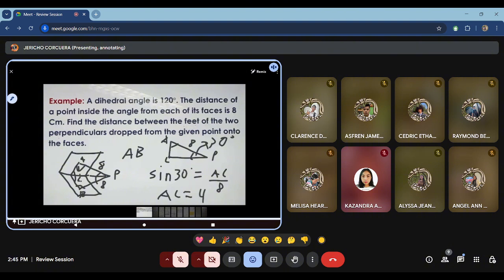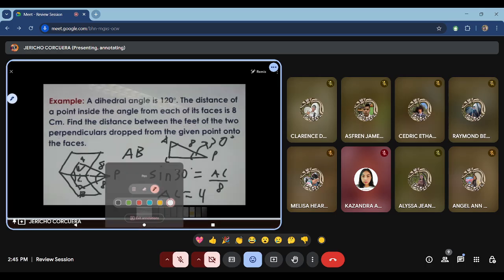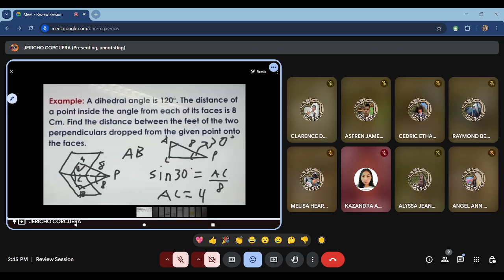So AC is 4. And also since they are congruent, let's draw the triangle here for B, C, and P. This is B, this is C, and that is P. So this is 8 again.